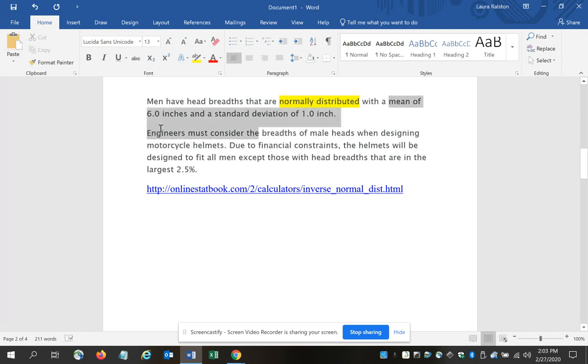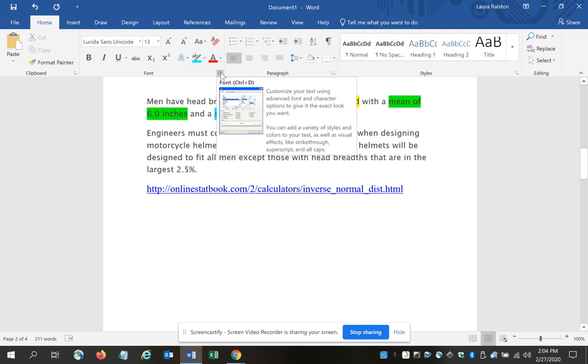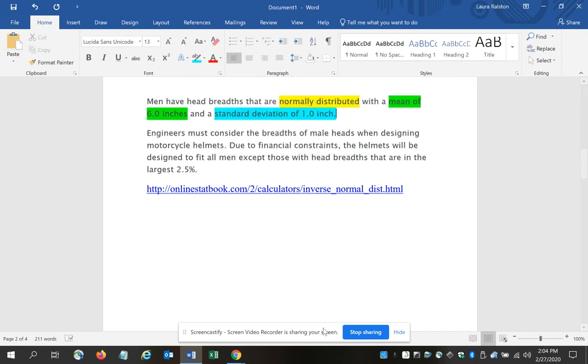You have to know the mean of the distribution, which again is stated in that first sentence, and you have to know the standard deviation. So whether you're working through a normal distribution problem or in this case an inverse normal distribution problem, you have to know those three things.